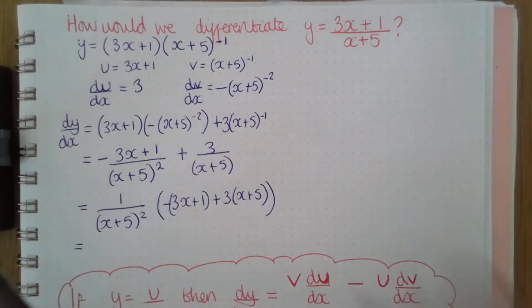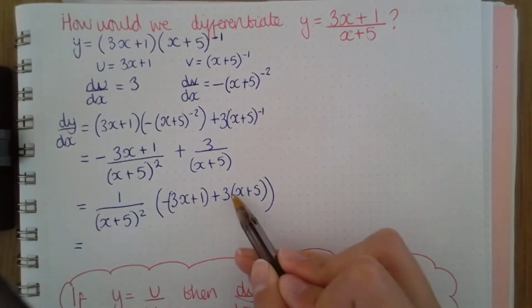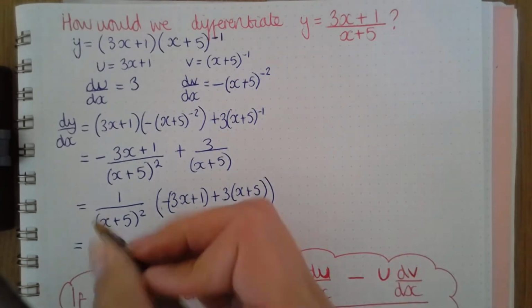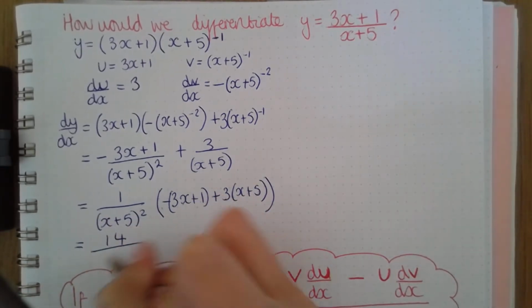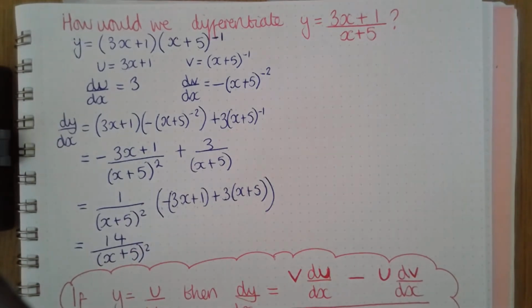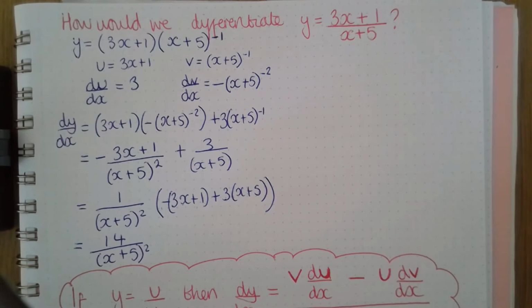This should be in brackets, I do apologise. So negative 3x plus 3x cancels, negative 1 plus 15, 3 times 5, so we would get 14 over (x plus 5) all squared. There's a bit of a faff working through it all.